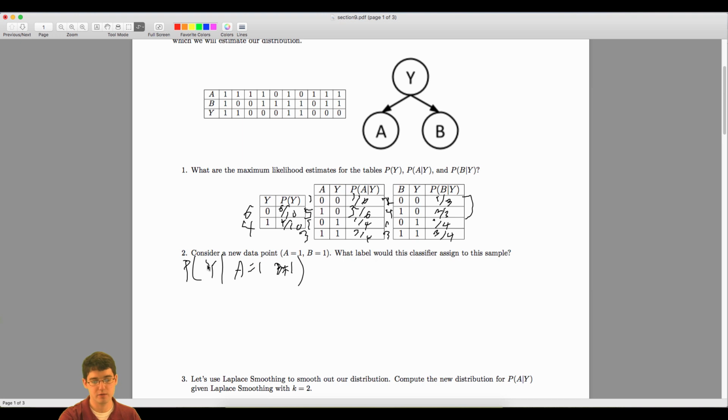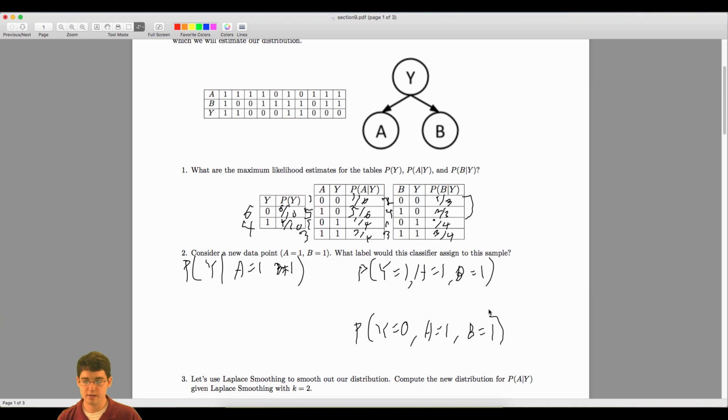So how do we calculate the probability of y given a and b equals 1? Well, all we need to do is the joint probability of y equals 1, a equals 1, and b equals 1. And then similarly, we do the probability that y equals 0, a equals 1, and b equals 1.